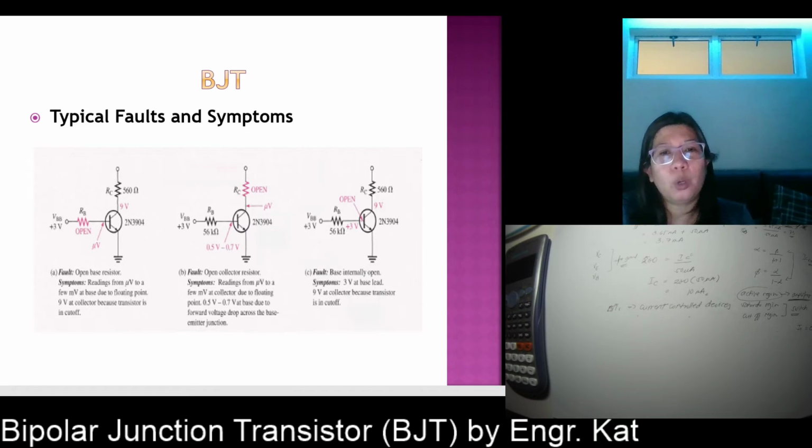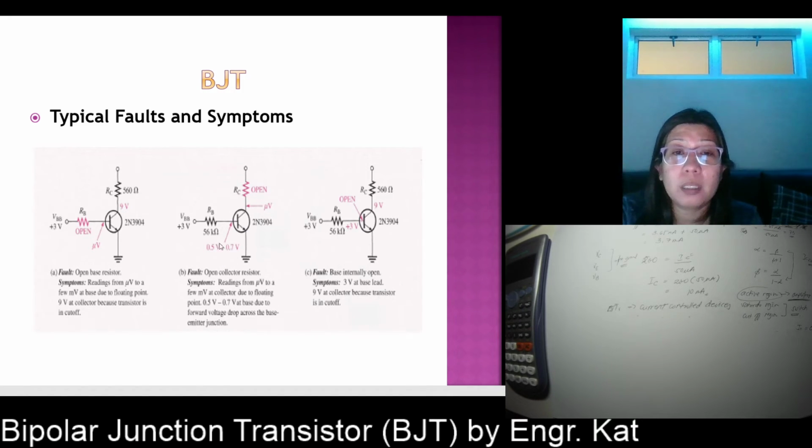When your collector is open, that means no current is entering here. Although we can read 0.5 and 0.7 here, which is correct, since the other reading is microvolts or almost 0, that means your RC is the one which is open.